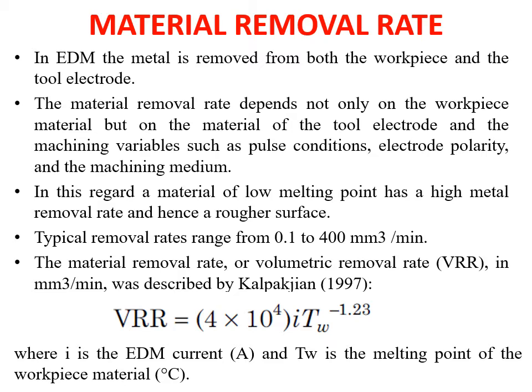This inverse relationship can be deduced from the equation, where VRR, the volumetric removal rate, is equal to 4 into 10 raised to 4 I into TW to the power minus 1.23.